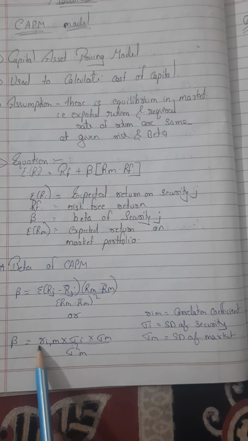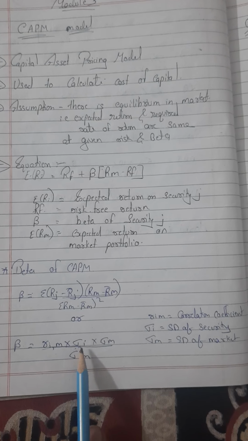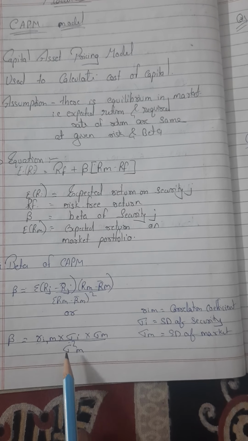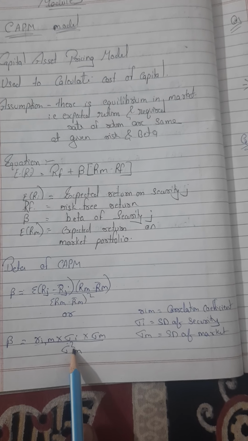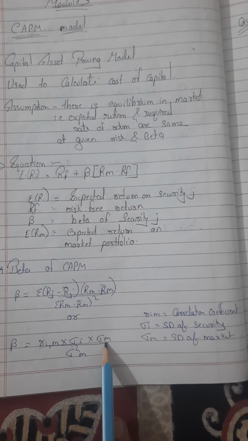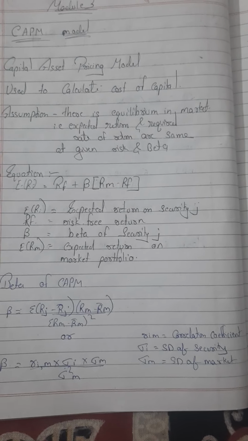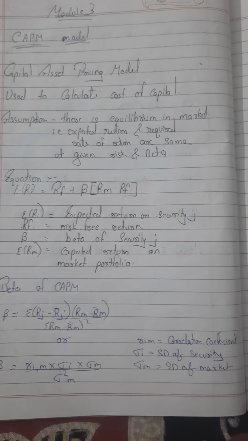Or r, the correlation coefficient, times the standard deviation of the security, times the standard deviation of the market, divided by the square of the standard deviation of the market. Let's check out some sums.